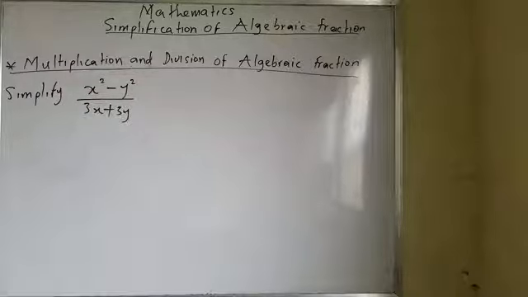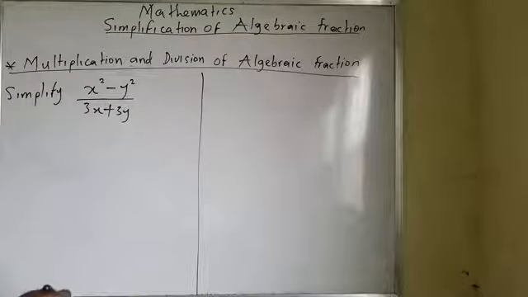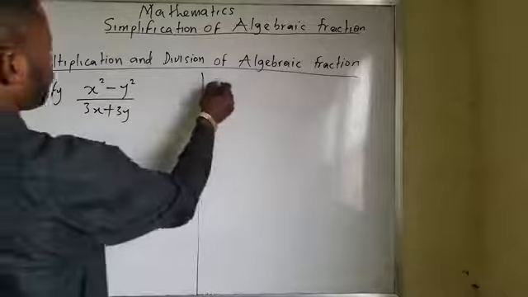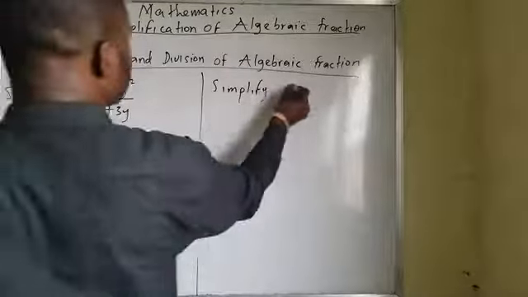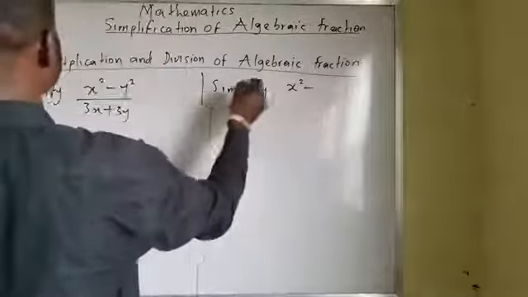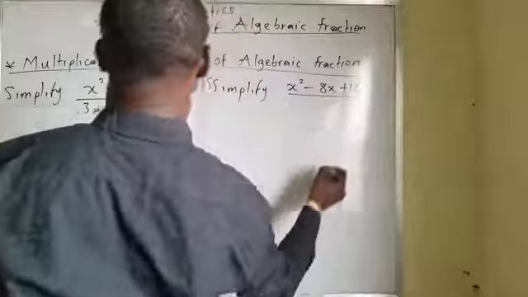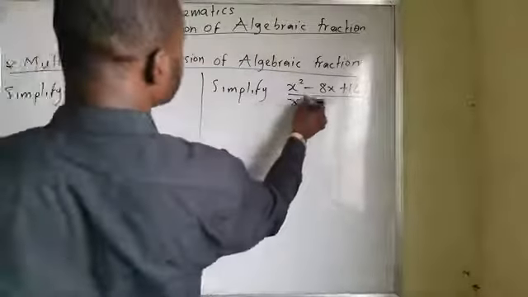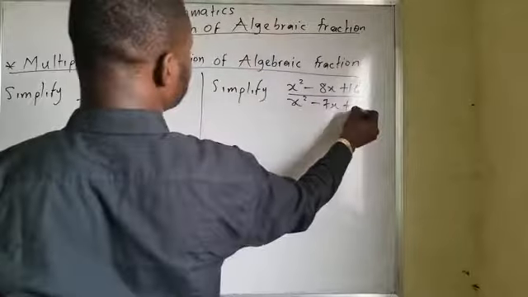I'm asked to simplify this. Let me put that one as number 1. Number 2, I'm also asked to simplify x squared minus 8x plus 16 divided by x squared minus 7x plus 12.